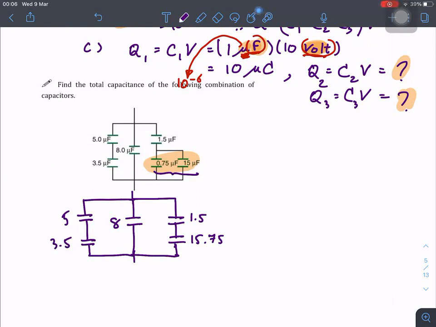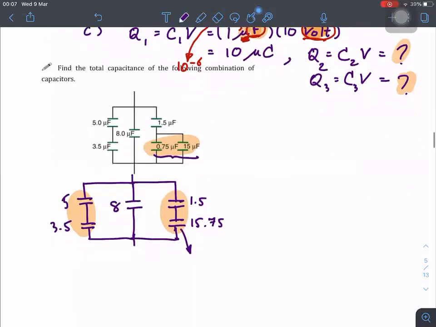Okay, then it seems that we have no choice but to combine the capacitances connected in series. So combining 15.75 and 1.5 together, I reckon you can calculate it this way: 15.75 times 1.5, divided by 15.75 plus 1.5.